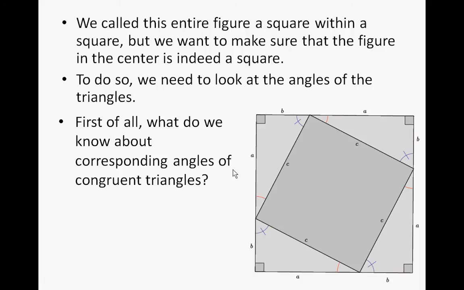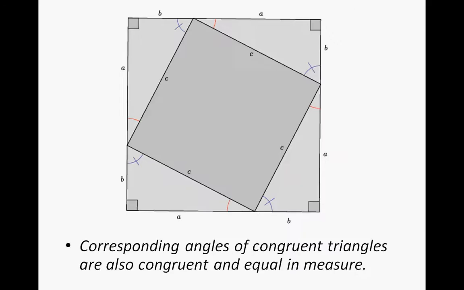So first of all, what do we know about corresponding angles of congruent triangles? Well, corresponding angles of congruent triangles are also congruent and they are equal in measure. And again, if we wanted to really go back and prove it, we could map each one of these by a rotation or a translation and a rotation.